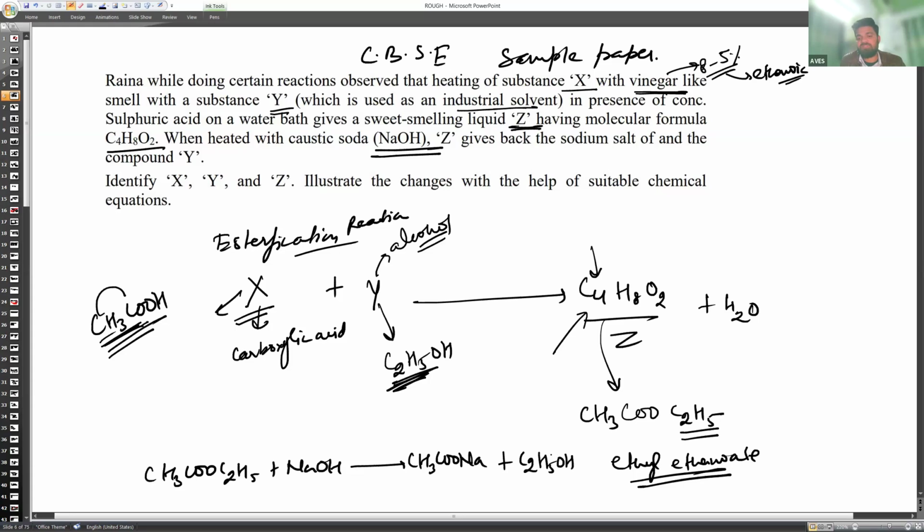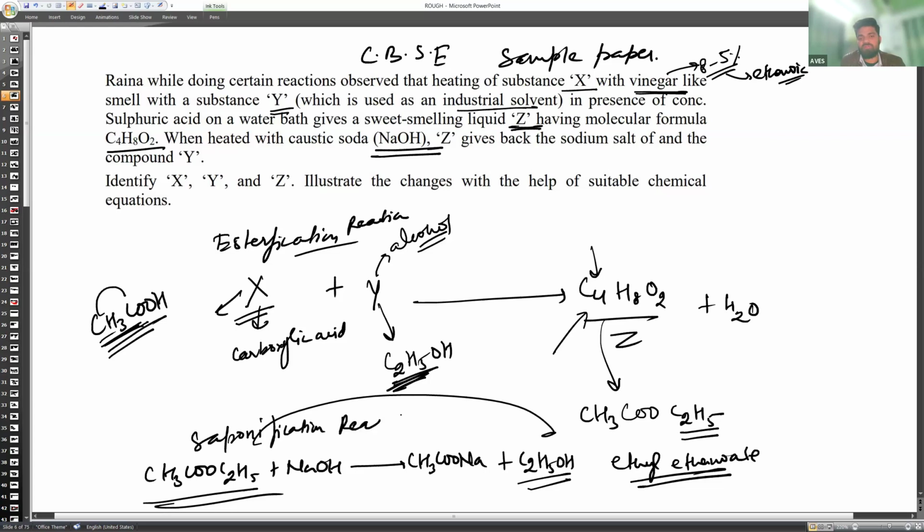So this is the respective alcohol present here, and this reaction is known as the saponification reaction. I hope you understood this question and can write all the chemical reactions used here. Is there any doubt to anybody in the class? No, sir.